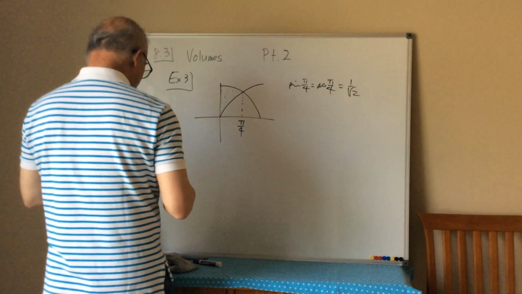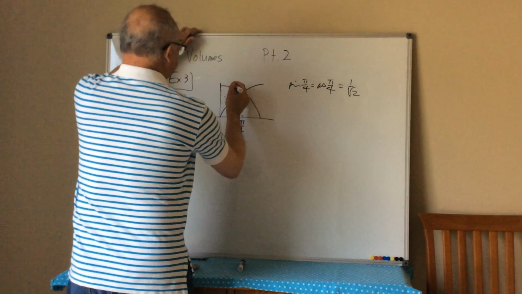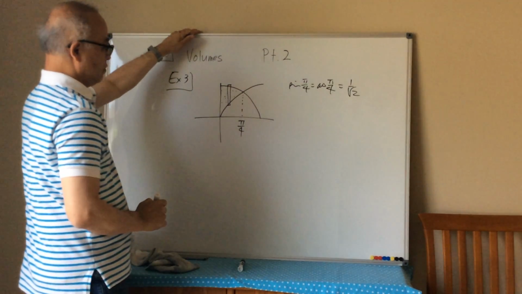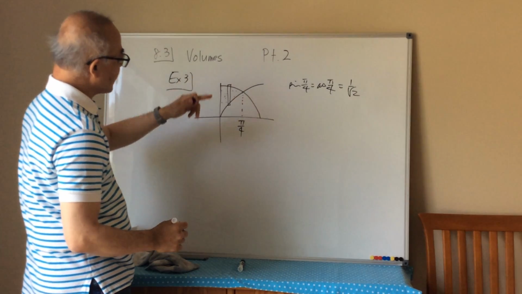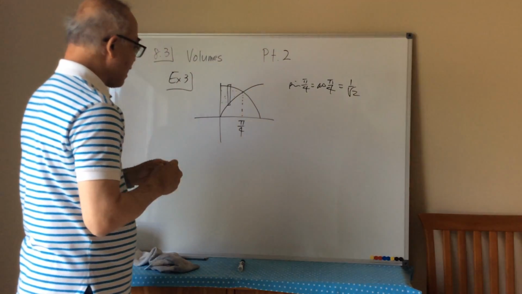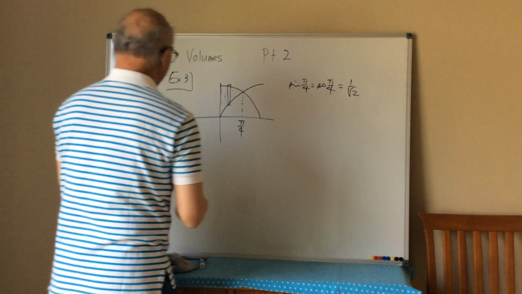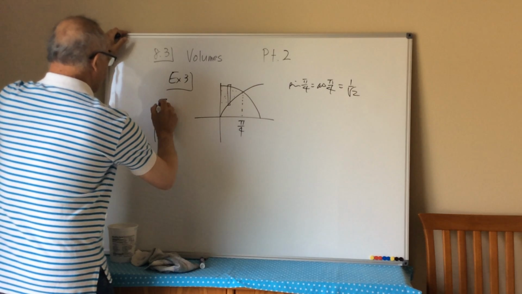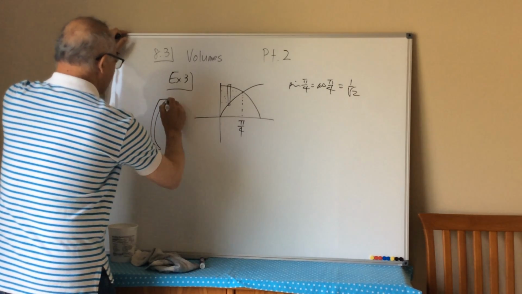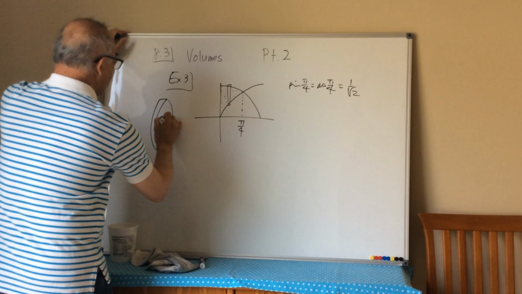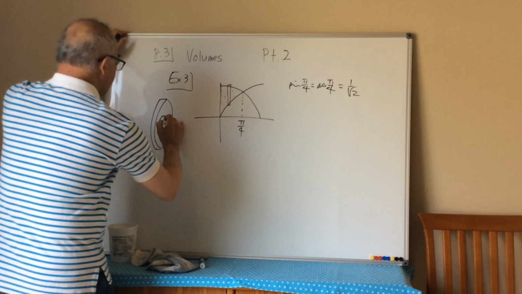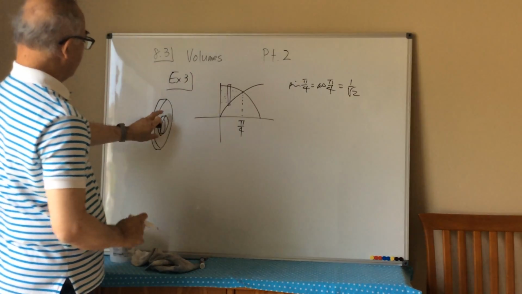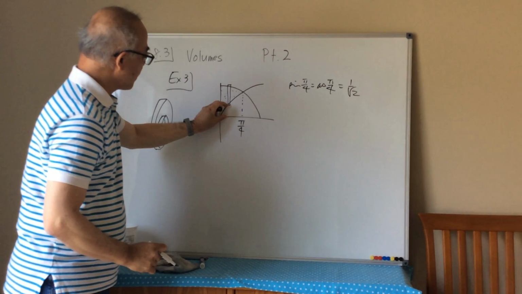In other words, our segments are going to look like this, right? And we're going to spin this around the x-axis. So what are we going to have? We're going to actually have the shape of a washer. We're going to have an inside part here that is missing, because this part has been taken out.